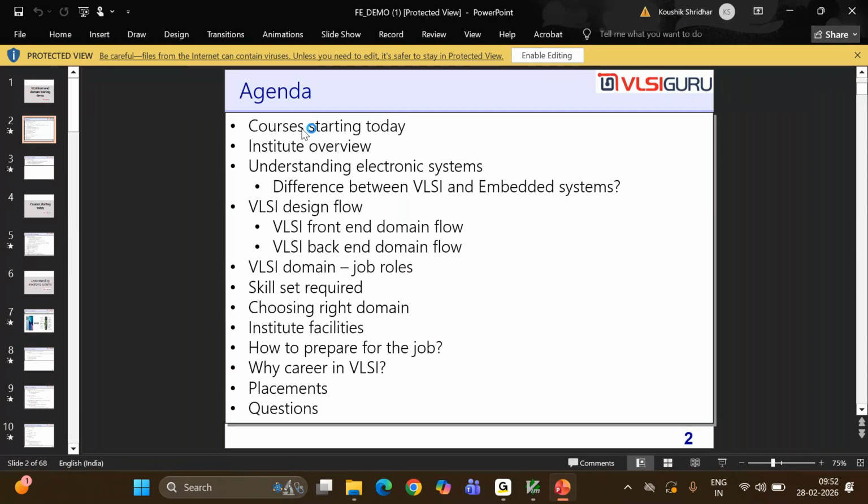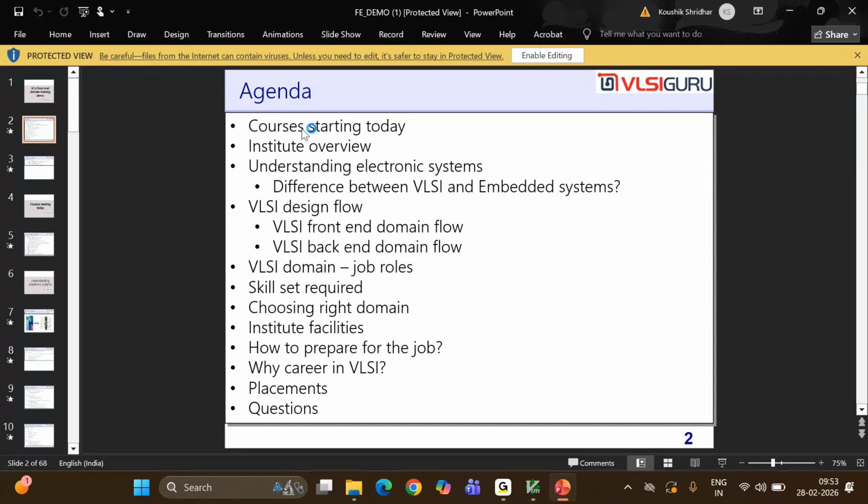Then I'll go through the understanding of electronic systems. Take any electronic device, like a laptop, mobile phone, projector, or washing machine: how does the system actually work, what is hardware, what is software? We'll discuss that.